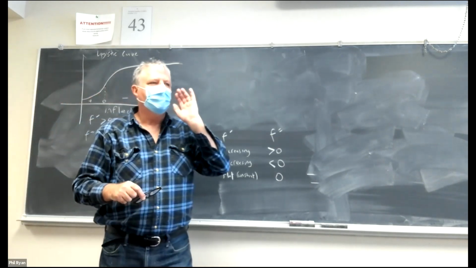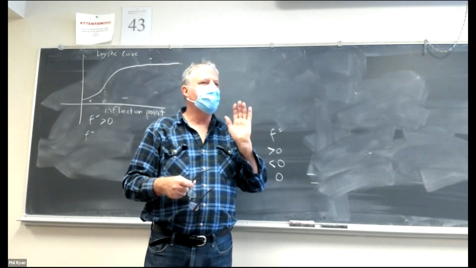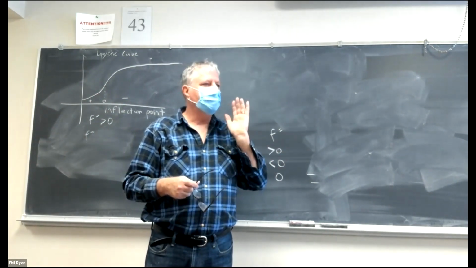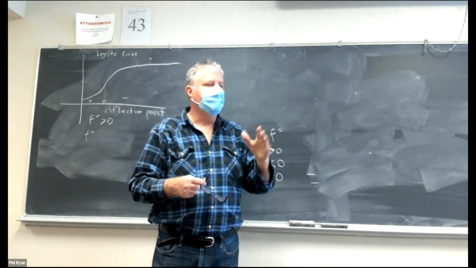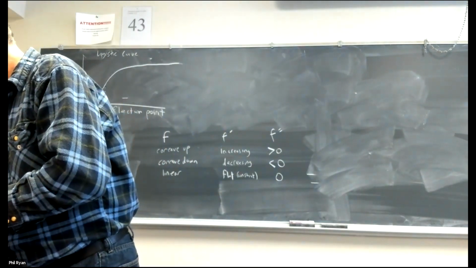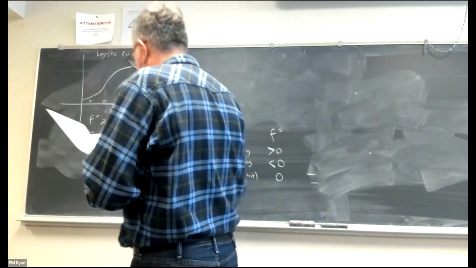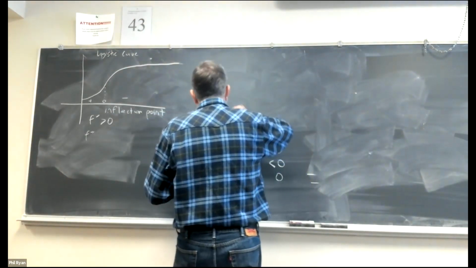Okay, so you're used to graphical questions, where you just think about slope and concavity. What happens if we have a numerical question? Let me give you a table.